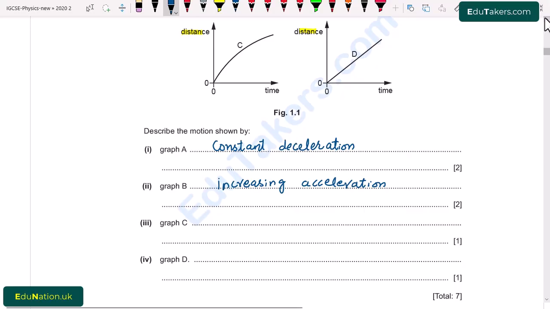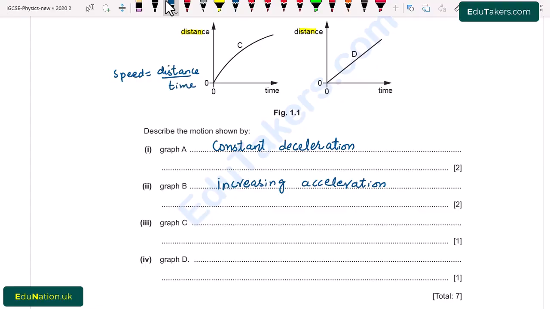Part 3, graph C. Here we have to describe graph C, and it's a distance-time graph. You can see from here that it's a distance-time graph, and the slope of a distance-time graph gives us speed, because speed is equal to distance over time.